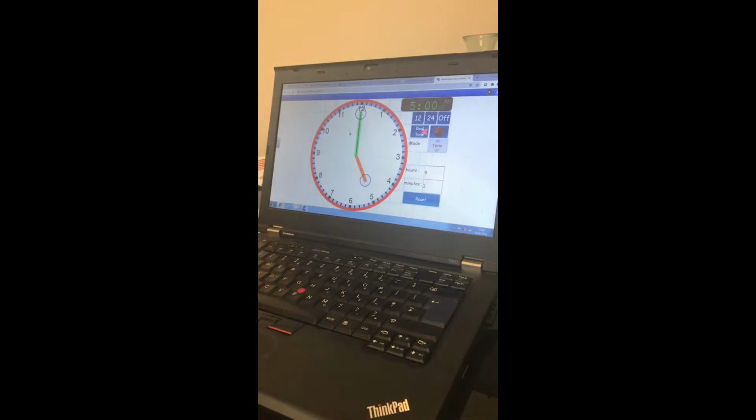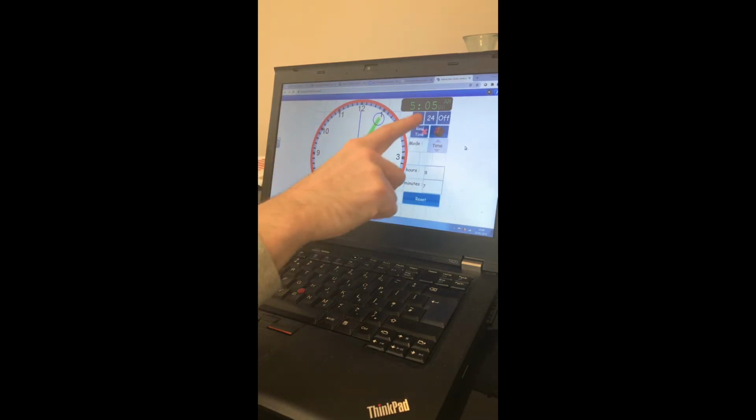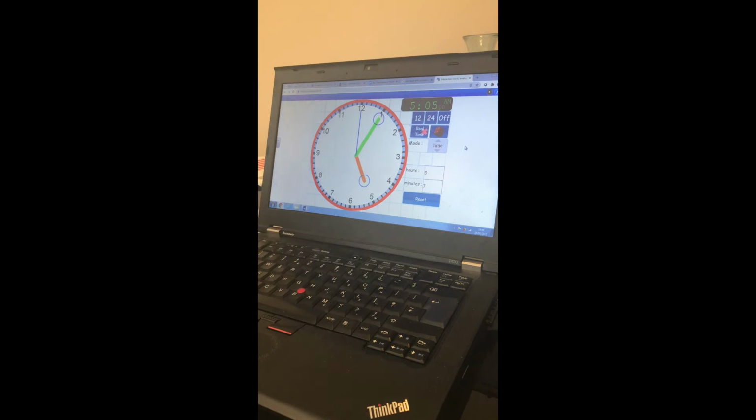So our green hand here is our minute hand, and as we move along, the minutes on our clock go up. So we go up 1, 2, 3, 4 and 5. That means when you go from one number to the next number, you are adding on 5 minutes each time.